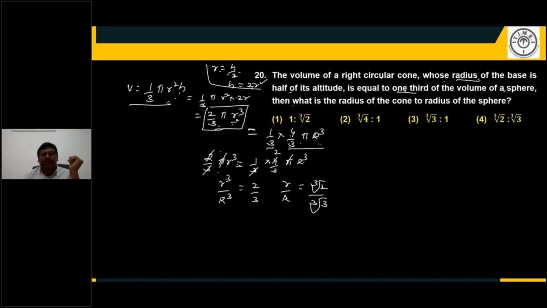If you simplify, you get r cube by R cube, the cube of the radius of the cone by the cube of the radius of the sphere, will be 2/3. But you are asking for the radius of the cone to the radius of the sphere. I want r and R, so you have to find the cube root: cube root of 2 by cube root of 3. Done? Right, please. Done. Let's go to the next one, please.